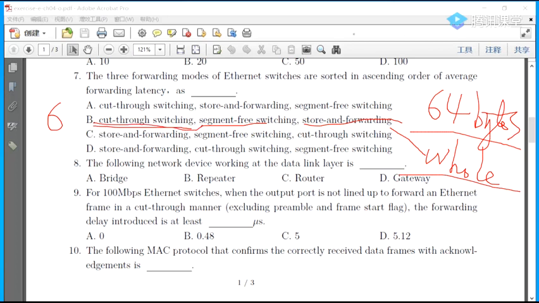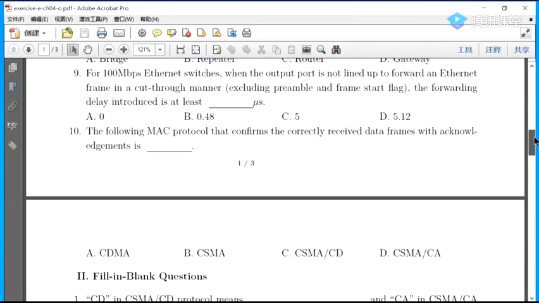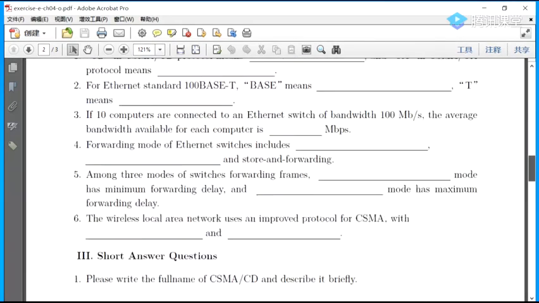The order of average forwarding latency is 6 bytes transmitting, 64 bytes transmitting, then the whole frame transmitting, right? I believe you understand the difference between them.